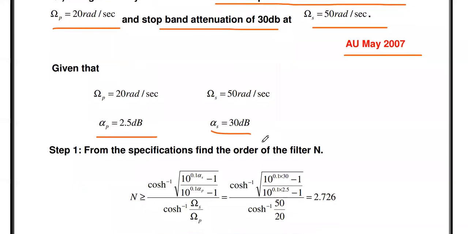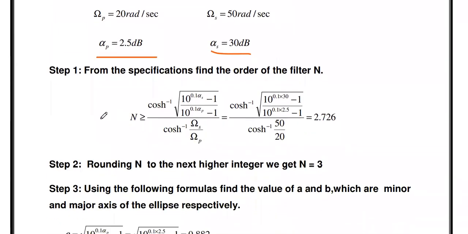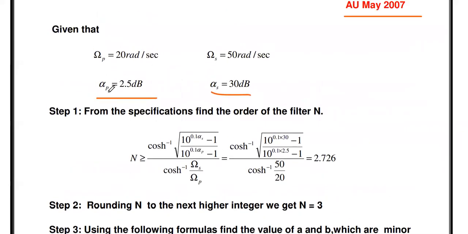Okay, so the first step is to find the order of the filter. So the order n is equal to, here alpha p and alpha s are given in dB, so we have to choose the first formula for n: cosh inverse of square root of (10 to the power 0.1 alpha s minus 1) by (10 to the power 0.1 alpha p minus 1), divided by cosh inverse of omega s by omega p.